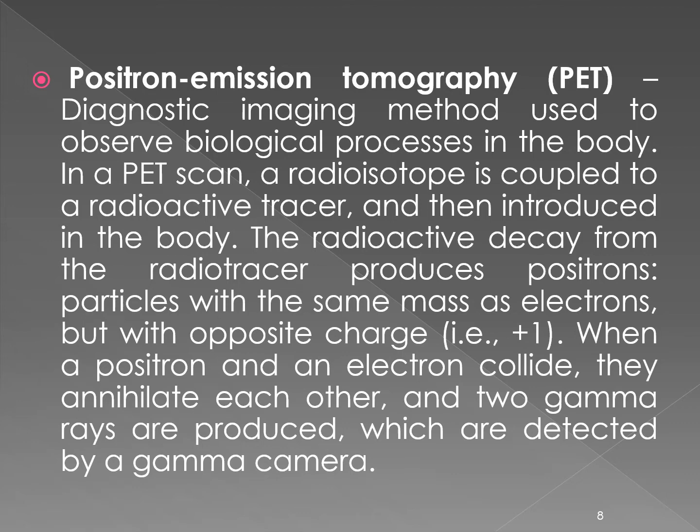In a positron emission tomography scan, a radioisotope is coupled to a radioactive tracer and then introduced in the body. The radioactive decay from the radiotracer produces positron particles with the same mass as electrons but with opposite charge. When a positron and an electron collide, they annihilate each other and two gamma rays are produced, which are detected by a gamma camera.